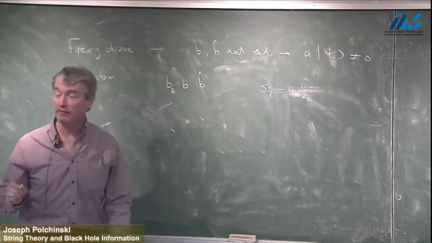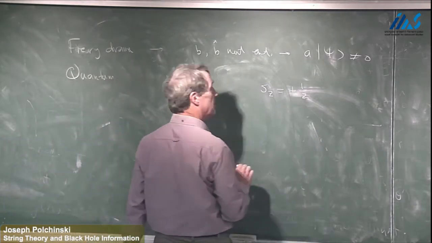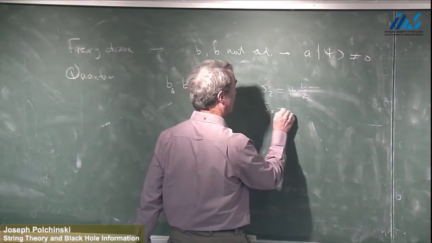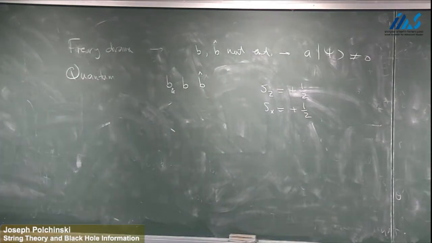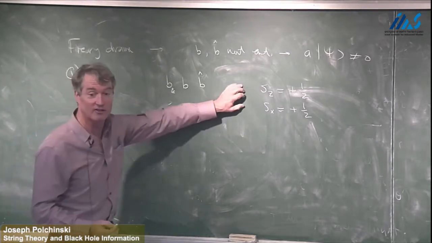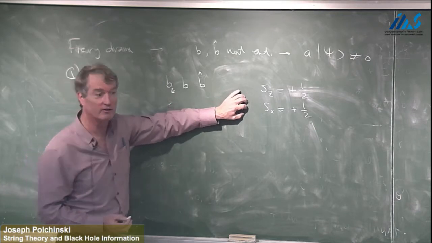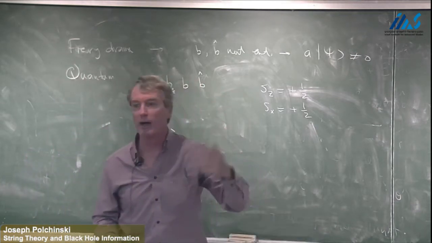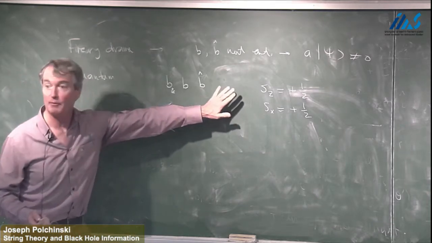Suppose I tell you I've got a bunch of spins, and I prepared each of them such that if you measure s sub z, you get plus a half, and if you measure s sub x, you get plus a half. And you take these spins and start measuring x and z at random, and you find this. That's a lot spookier than just burning up at the horizon, because that says there is something very basic about quantum physics that we have to change. And even if we're jumping through a black hole horizon while we do these measurements, this still shouldn't happen.